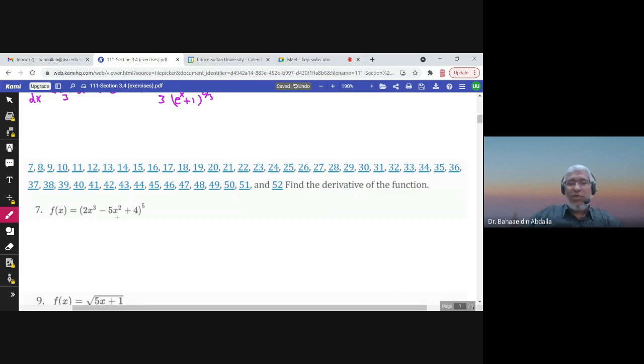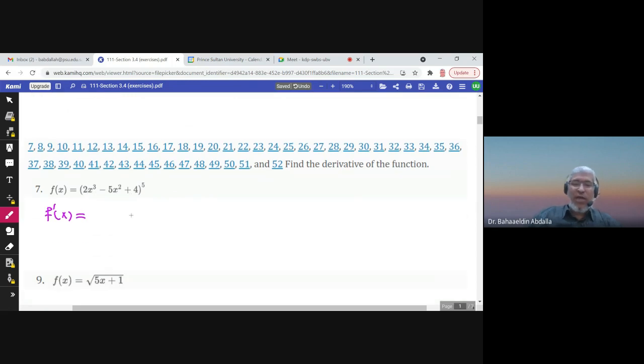We can continue using the same method, or we can immediately now do it fast. So to do it fast, you have to notice that this is a composition function. Okay, this function is the inner function, 2x cubed minus 5x squared plus 4, and the outer function is u to the power 5.